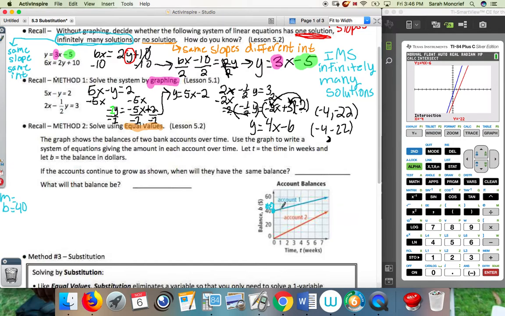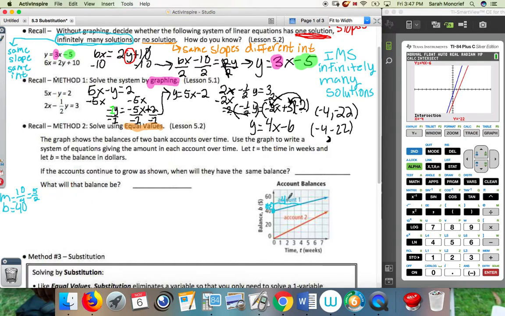And now I need to figure out how many I run. So we go 1, 2, 3, 4. So 4. That means my slope for the blue line is 10 over 4, or we can simplify that by dividing both the top and the bottom by 2, 5 over 2.